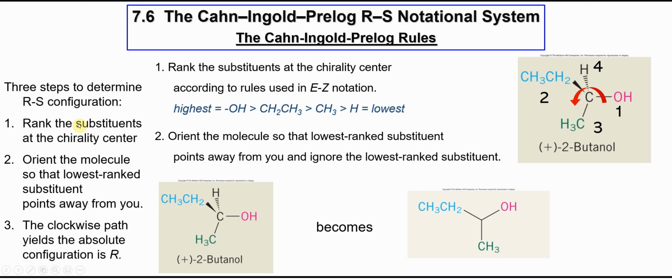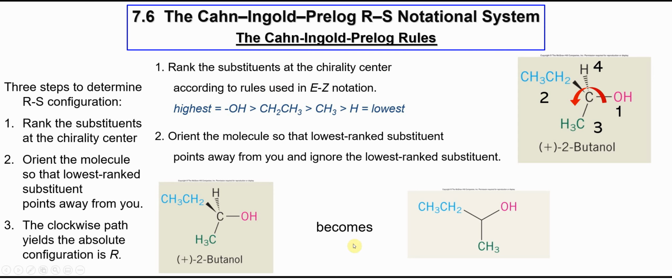Then you rearrange your molecule so that the lowest ranked substituent points away from you. For example, if you have a hydrogen in your molecule, you place the hydrogen in the position away from you, and then you ignore this hydrogen.